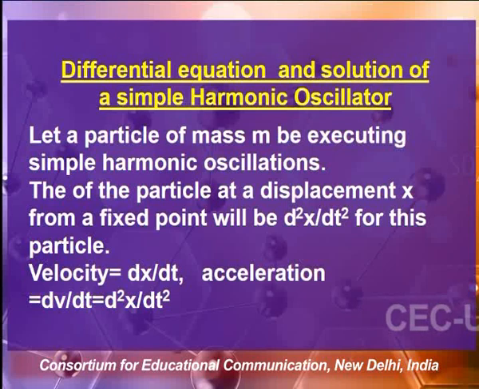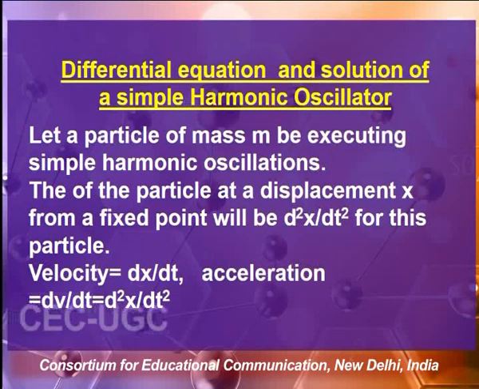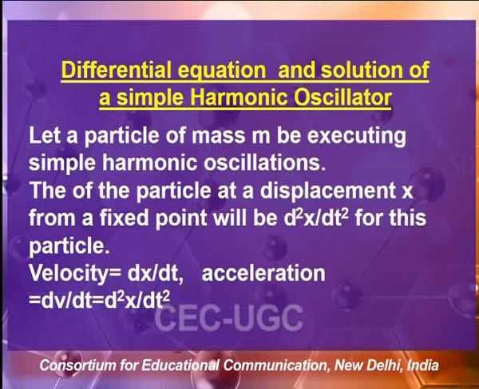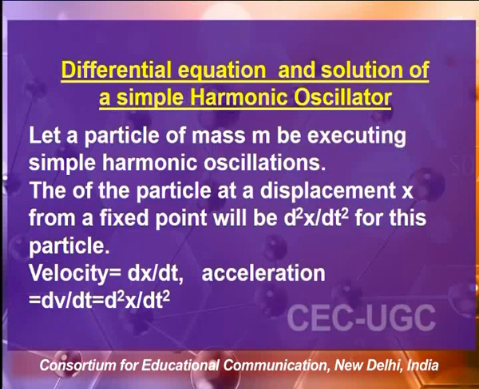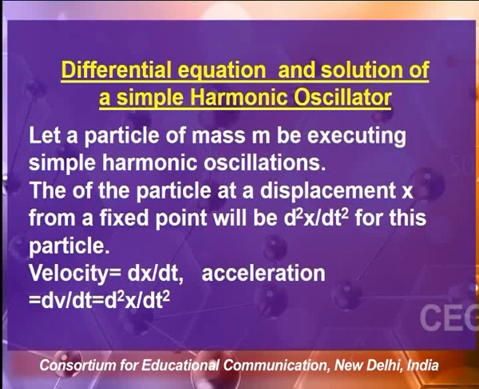Okay. Now we'll talk about the differential equation and solution of a simple harmonic oscillator. For that, let a particle of mass m be executing simple harmonic oscillations at a displacement x from a fixed point, and it will be d square x by dt square for the acceleration.